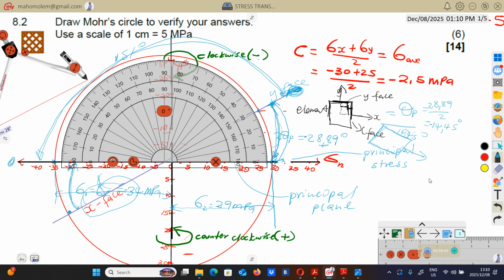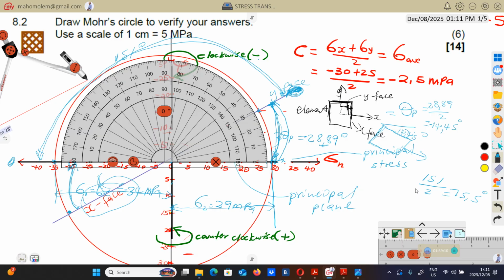On the element it is going to be 151 divided by 2, which is 75.5. So this is the angle that goes with the Y face, the principal stress 2.